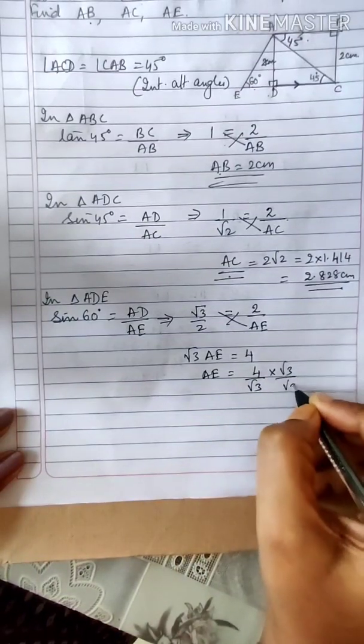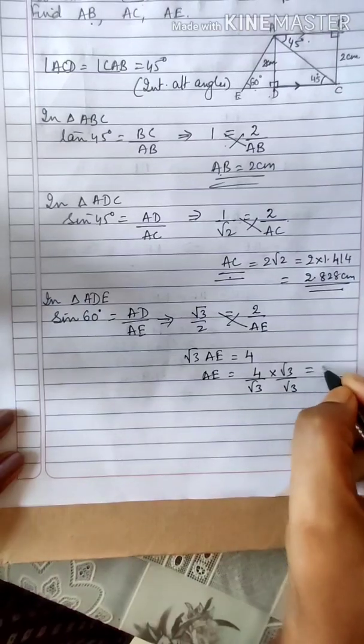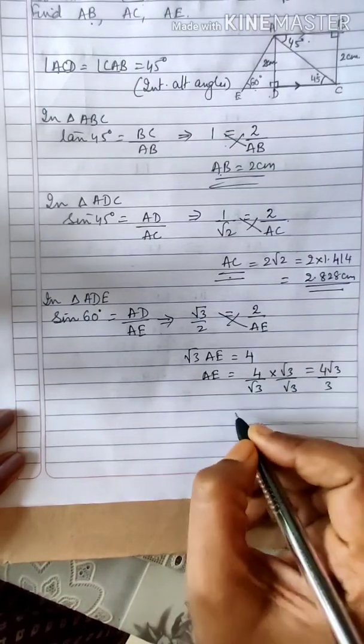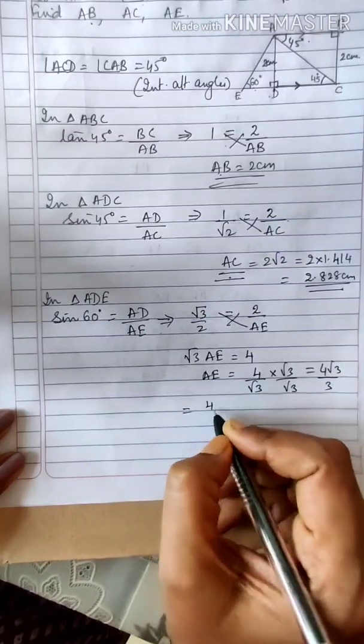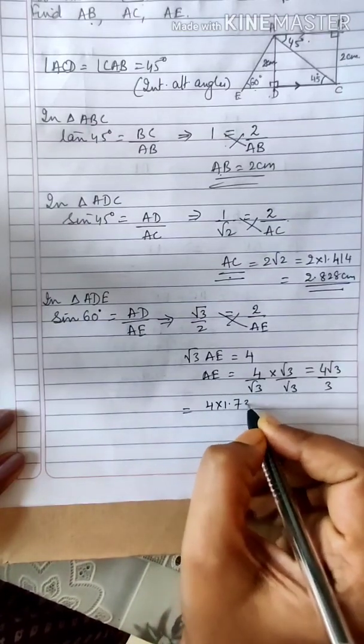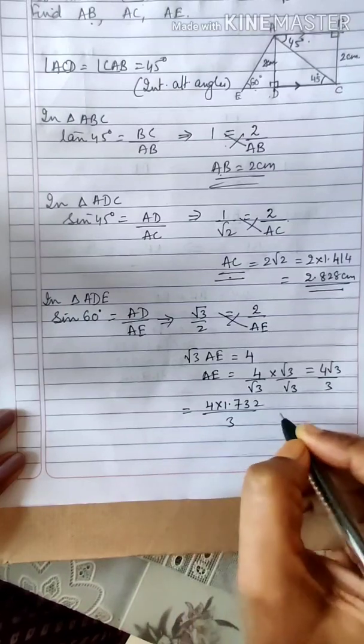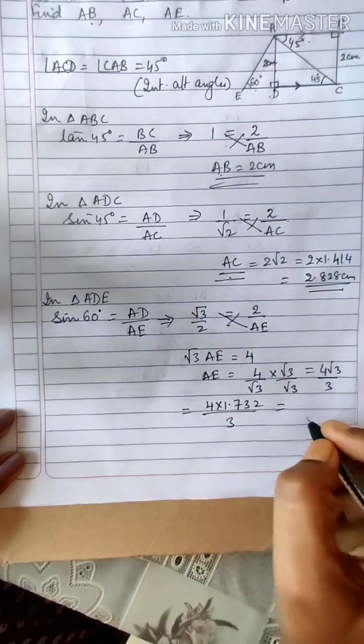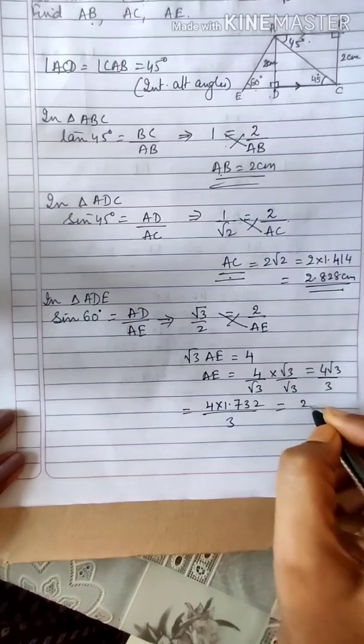Rationalize it, you get 4 root 3 upon 3. So that will be equal to 4 into 1.732 by 3 which will give you 2.31.